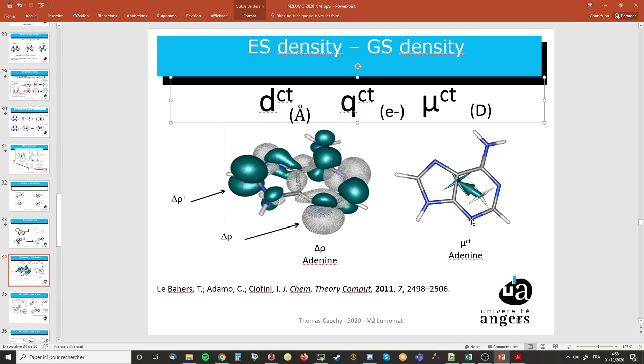That means that this part is a non-bonding sigma of the nitrogen. So it lost a little bit of density, some of the sigma bonds here, and it gained density here, here, here, and here.